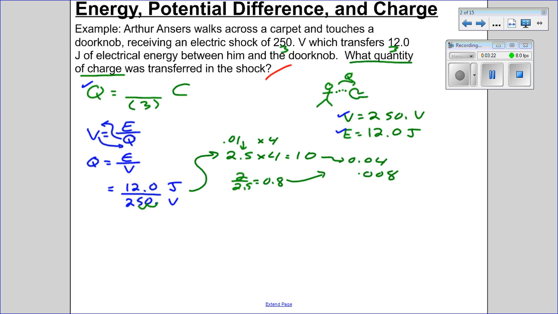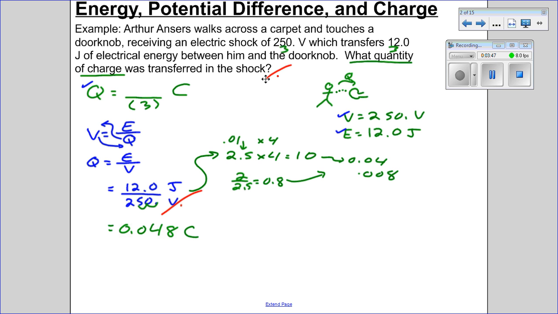So the answer is going to be 0.048, and it's coulombs. You can plug that into your calculator if you're not interested in the mental math. That's fine. You should have, ideally, paused at this point. The 2 spots that you pause at for sure are there, and there. And honestly, pause at any point where you didn't do what I do.